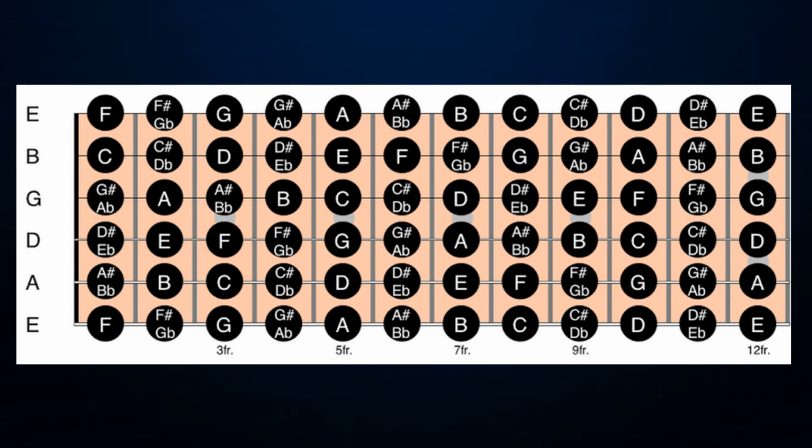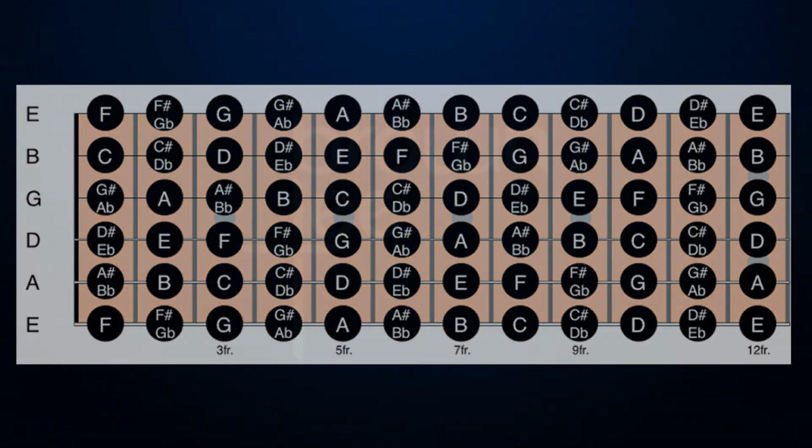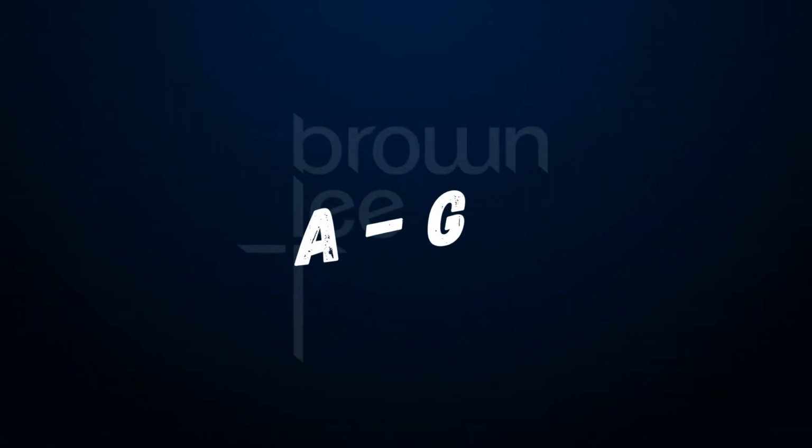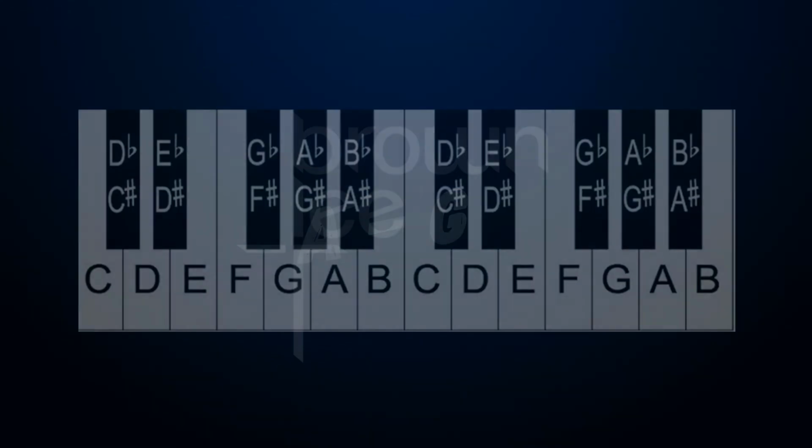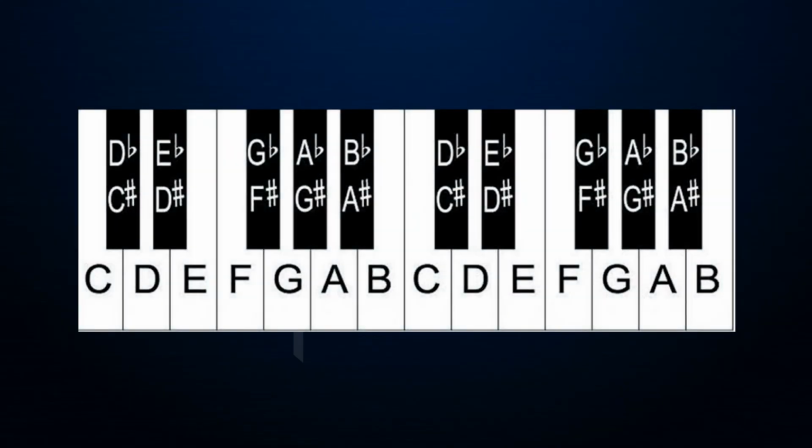So, just a quick recap. In music, we use the letters of the alphabet A to G. All those letters are representable on the piano as the white notes. However, because the black notes exist, it means there are notes in between those notes as well.